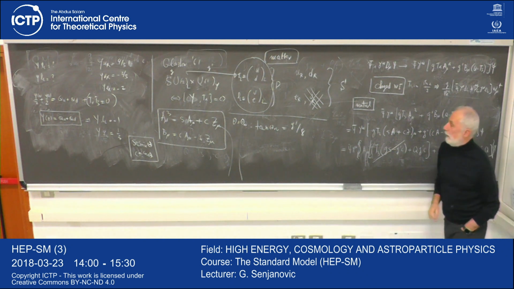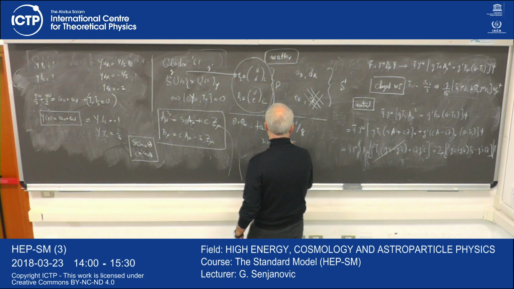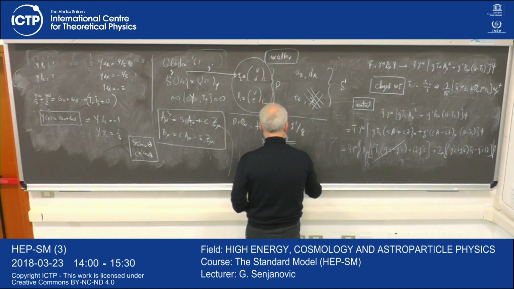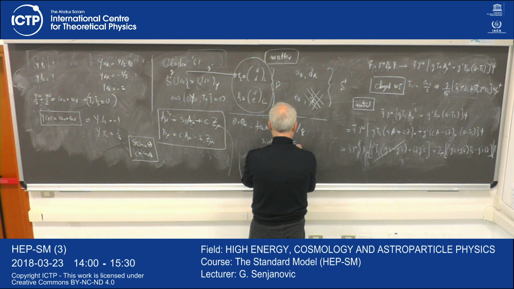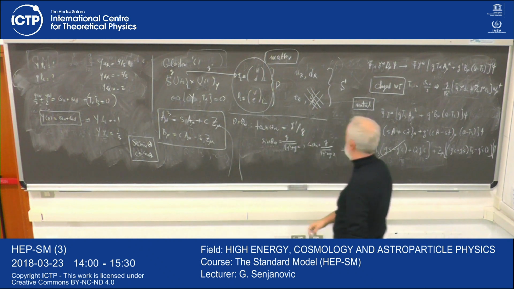Or if you wish, sine theta W is g prime over square root of g squared plus g prime squared. And cosine theta W is g over square root of g squared plus g prime squared.